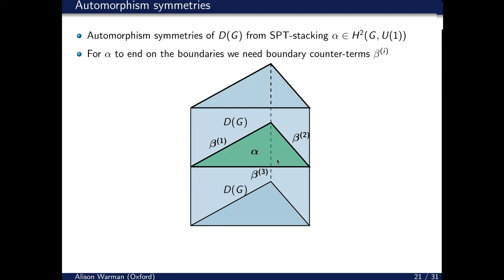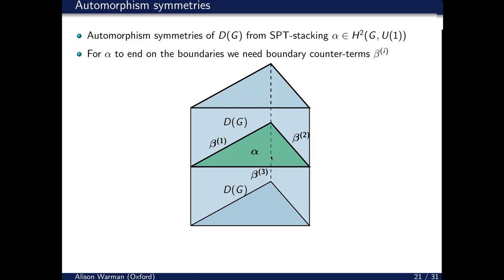Since this is a setup with boundaries, this 2-cocycle also needs to trivialize on the boundary. Said another way, there need to exist boundary counterterms. And this is because basically this surface is like an anomaly for the 1D line, so it needs to be cancelled by boundary counterterms. Okay.